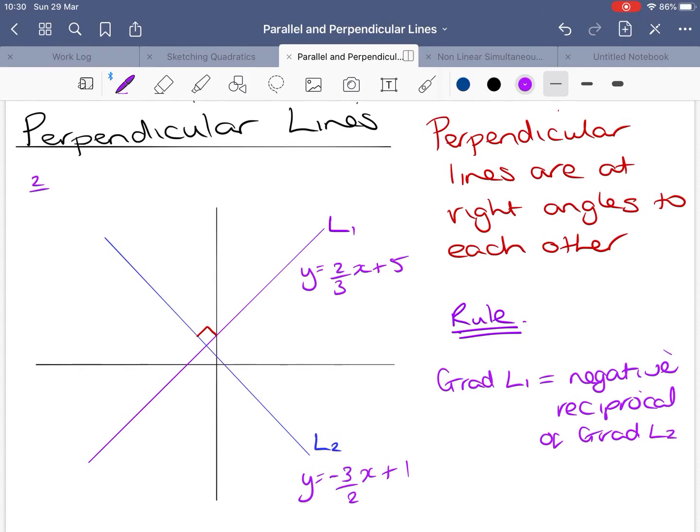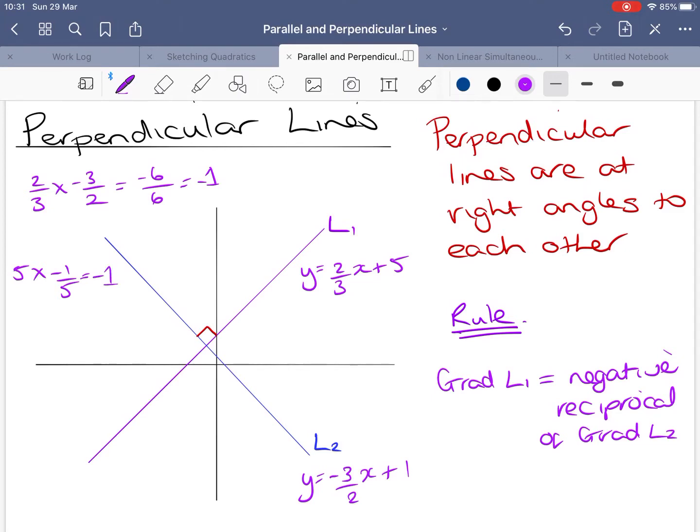And what we always notice is that when we have a number multiplied by its negative reciprocal, 2/3 times minus 3/2, that would be minus 6/6, which is always minus 1, okay? Let's try a different one. What's the negative reciprocal of 5? It would be minus 1/5. 5 times minus 1/5 would be minus 5/5, which would be minus 1.